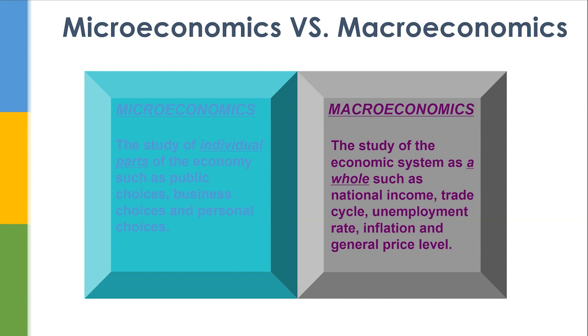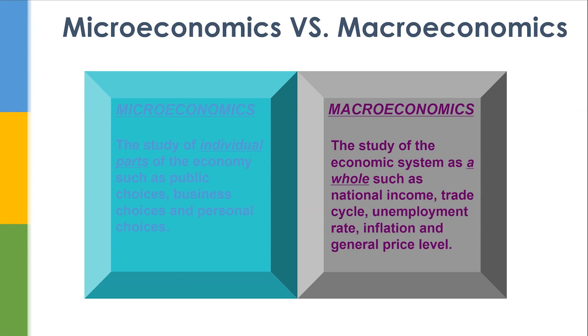So public choices ni maksudnya decision making, because bila kita kata economics, tadi maksudnya ada scarcity of resources and also unlimited wants. Maksudnya public, dari segi government, how government decide on this. And then business, how the firms, maksudnya company, decide on this. And as a personal choice, maksudnya household ataupun individual, how they decide on the resources and also whatever they desire.